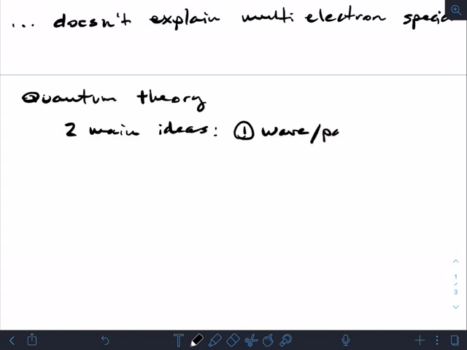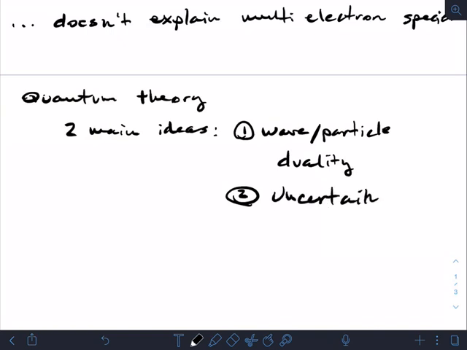One is the whole idea of wave-particle duality. And 2, the other thing is a thing called the uncertainty principle.